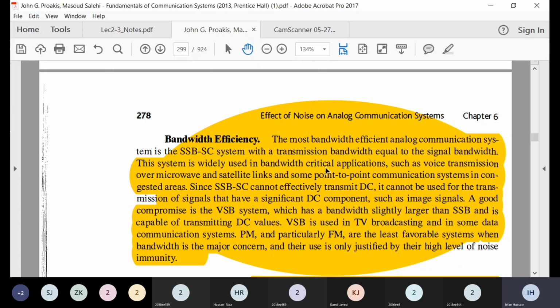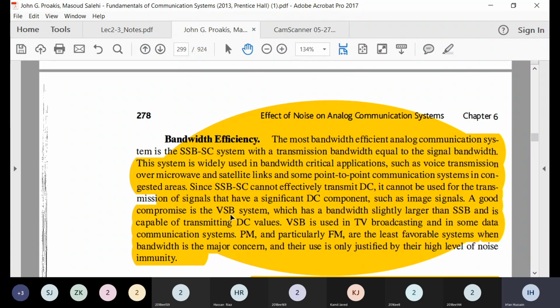So in those cases, it is good that you can send vestigial sideband. Vestigial sideband sends the upper sideband, but also a very small portion of the lower sideband. In that way, your DC values will also be transmitted.